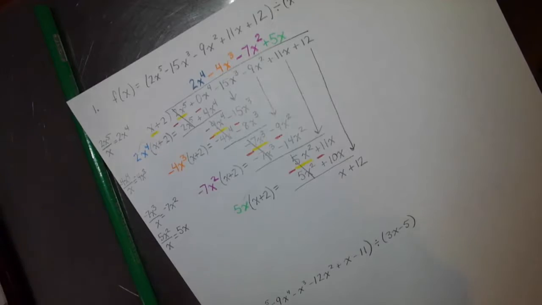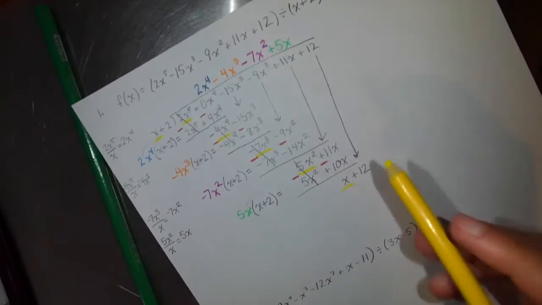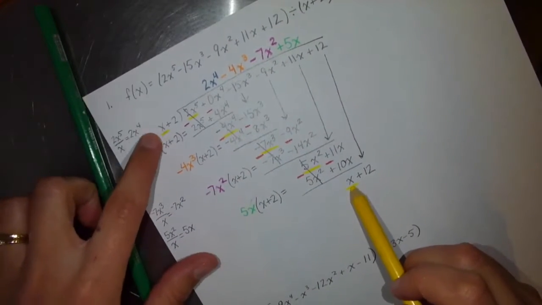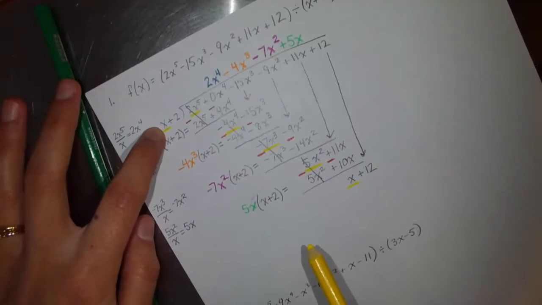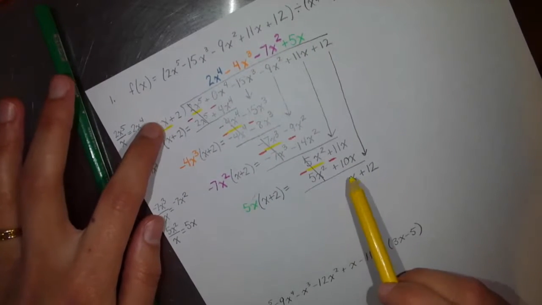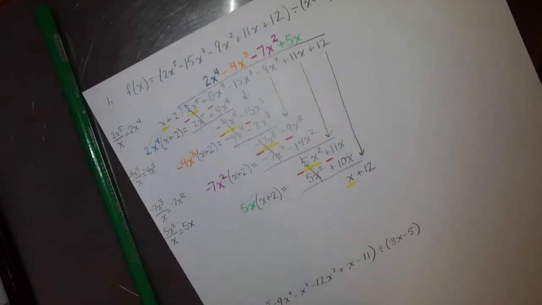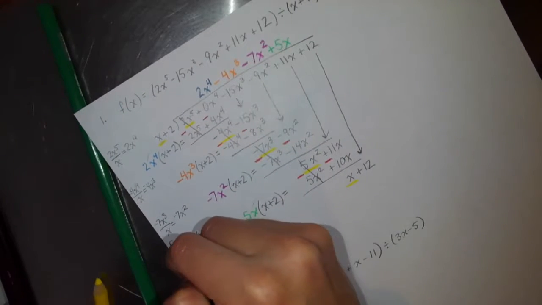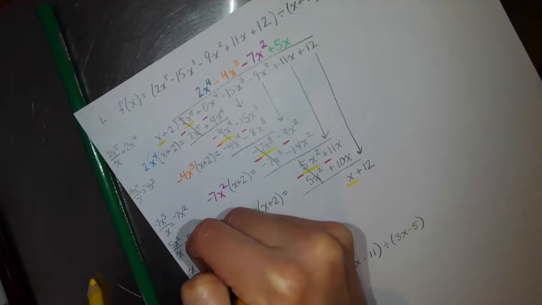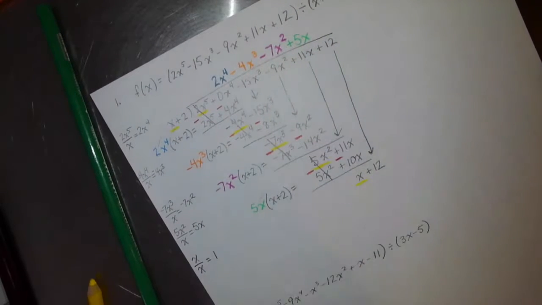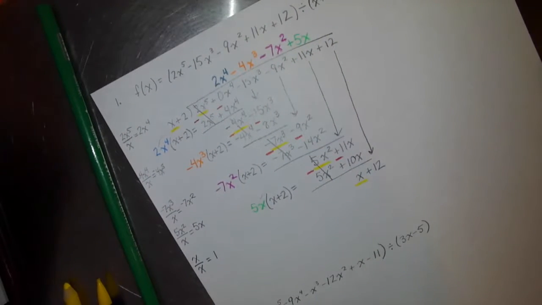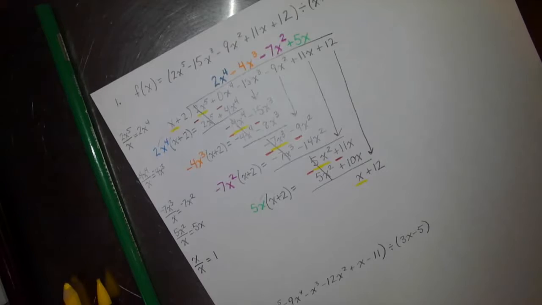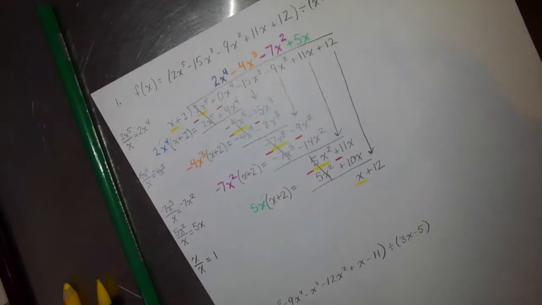Okay, so I look here, I have x. So I can still divide this because the exponent for this x is equal to this exponent. So we can still divide; x divided by x would just be 1. So 1 is going to go up top. I'll make that this other color here.